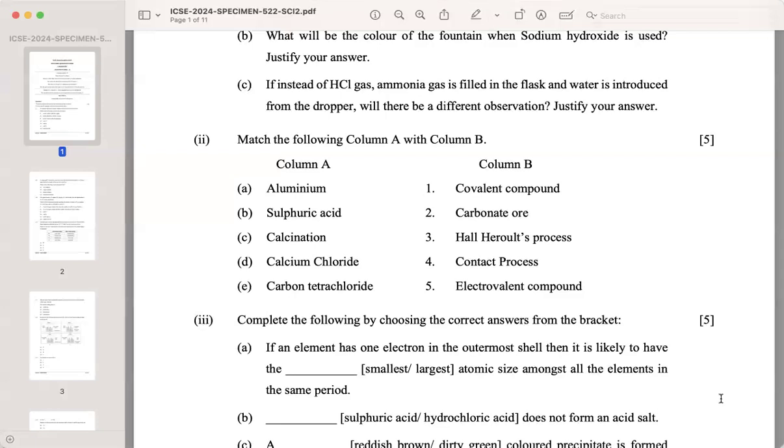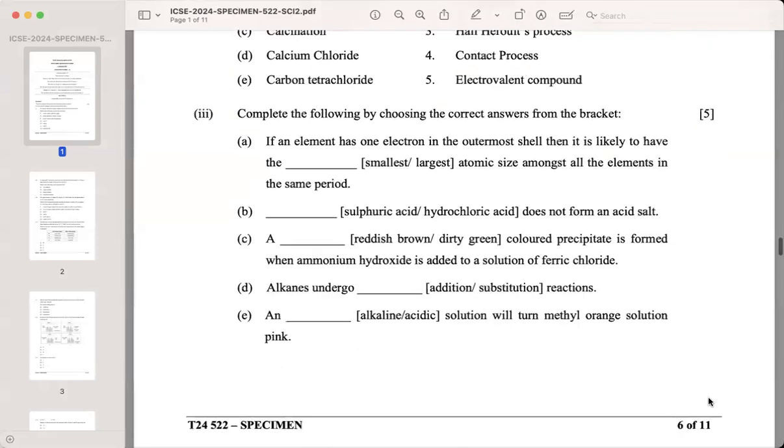Then comes the third part. Complete the following by choosing the correct answers from the bracket. Now, in this first part, if an element has one electron in the outermost shell, then it is likely to have the largest atomic size amongst all the elements in the same period.